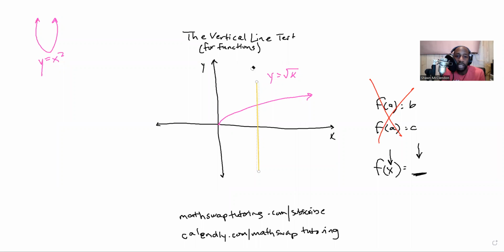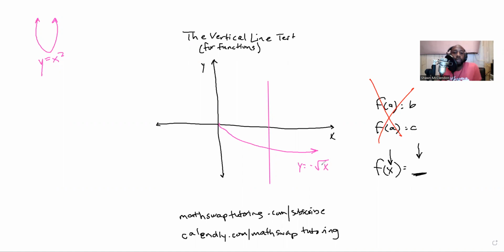And that bottom piece that we saw is equal to y equals negative square root of x. Okay, and so this passes the vertical line test by itself.